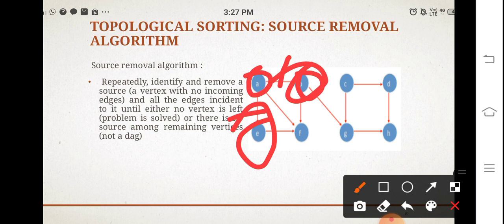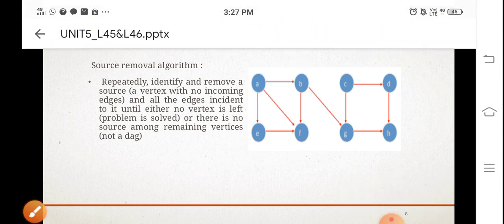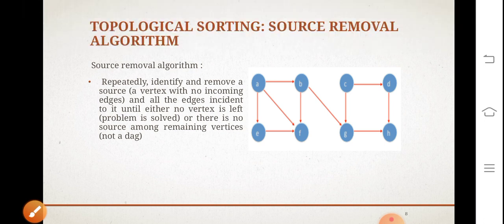So finally we delete this. Similarly for the other vertices also. And we record the order in which we are deleting them. That is the topological sorting with the source removal algorithm.